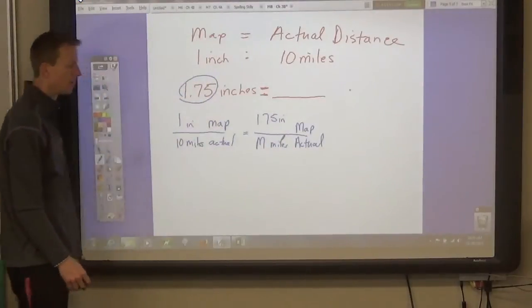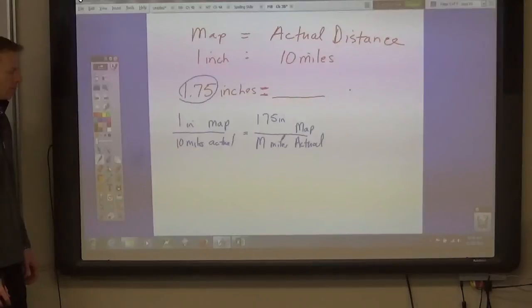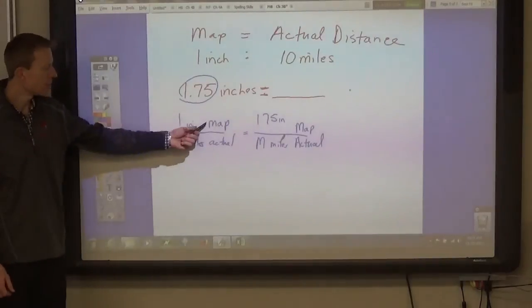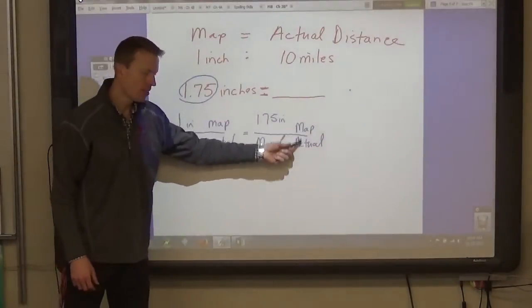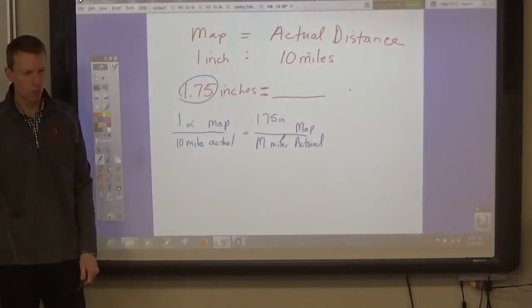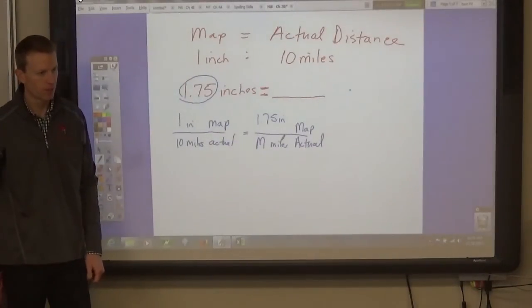And then solve it. It's pretty much 10 times 1.75, and then you have the answer. As long as you have the labels on the same level, you know you have a true proportion.